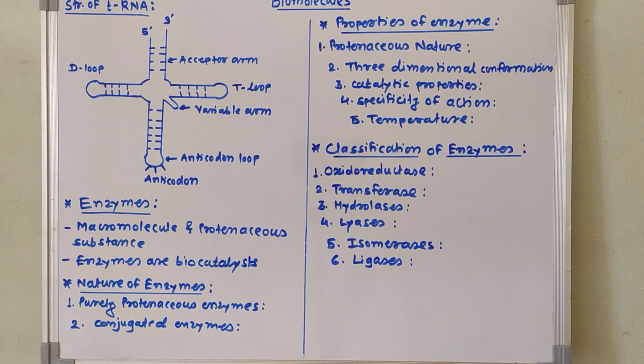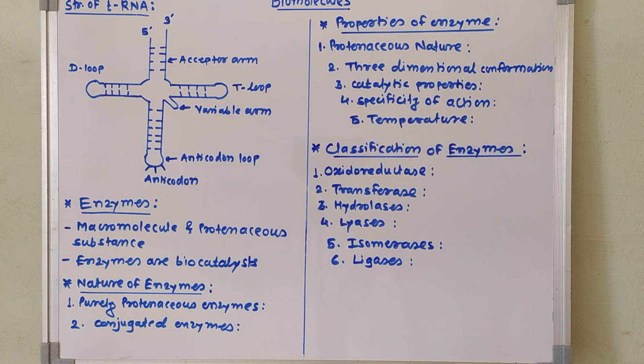Most enzymes work at an optimum temperature between 20 and 30 degrees Celsius. These are the properties of enzyme: proteinaceous nature, three-dimensional conformation, catalytic property, specificity of action, and temperature.